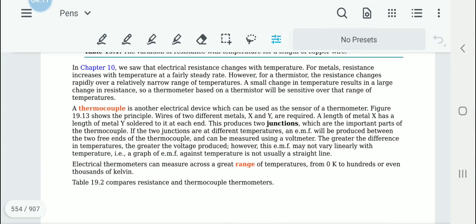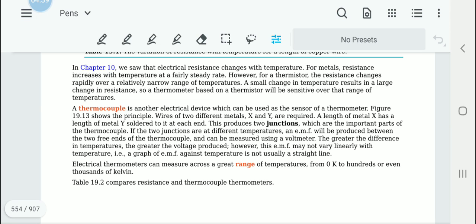We have learned that electrical resistance changes with temperature. For metals, resistance will increase with temperature at a certain steady rate. So the higher the temperature, the higher the resistance.